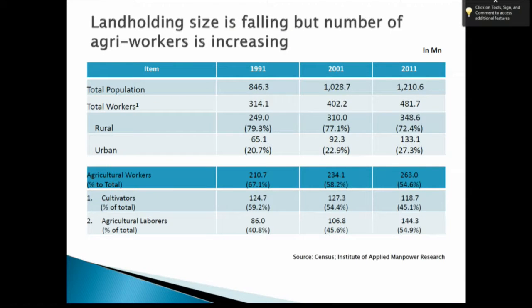So while we know now that the land holding size has been falling, the question arises about the people who are working on that land. And I would want to present some numbers from Census of India. I want to leave with the question hanging in the air. What's the point of having per hectare?